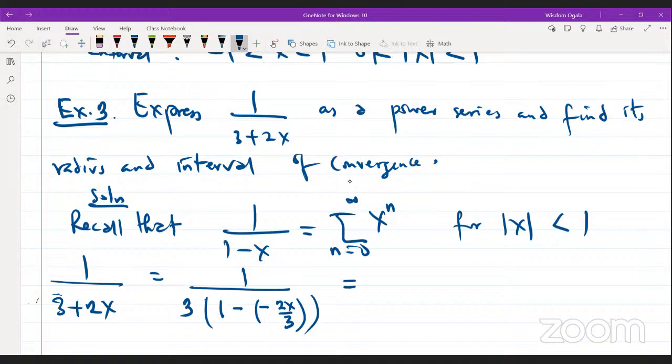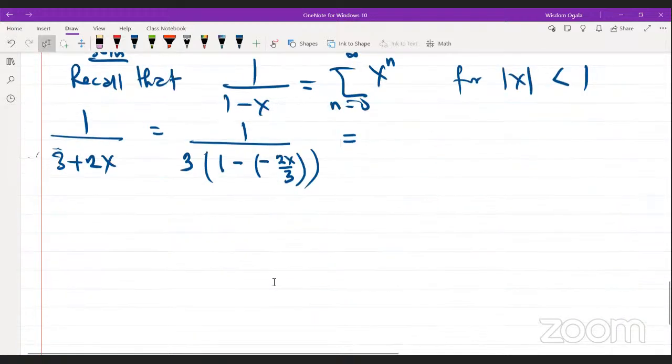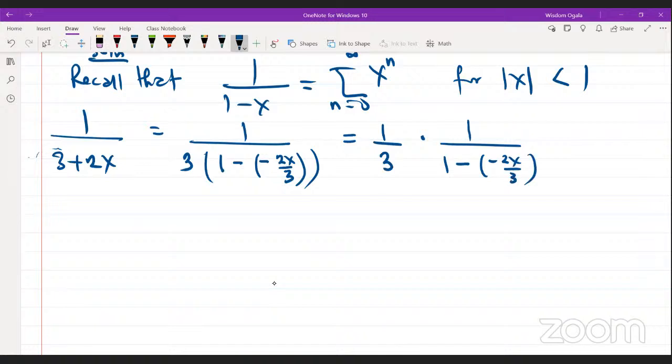And this is equal to, now, let me scroll down a little bit. Now, you now have 1 minus something, right? So this is like 1 over 3 times 1 over 1 minus 2x over 3. Now, just like before, we replace x here by negative 2x over 3. So that means I have a 1/3. I have the sum as n goes from 0 to infinity.